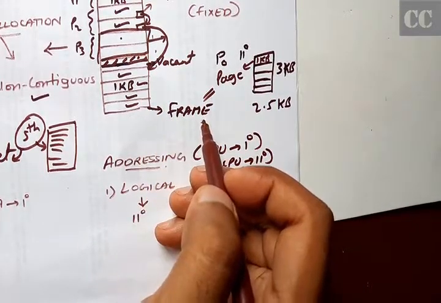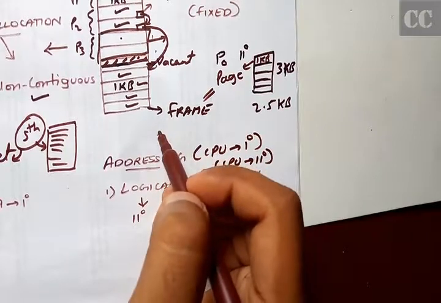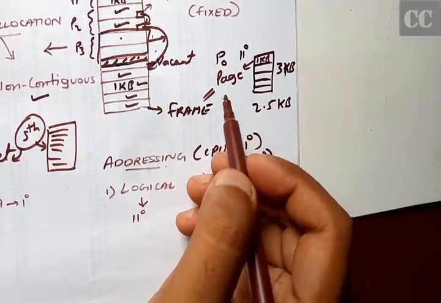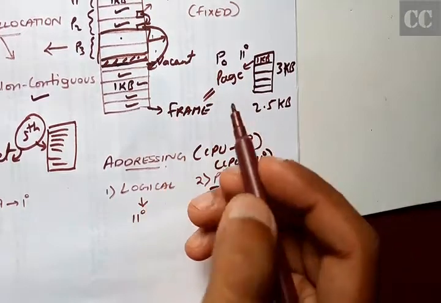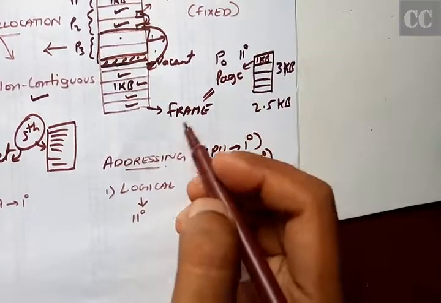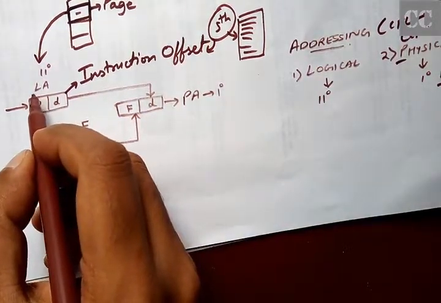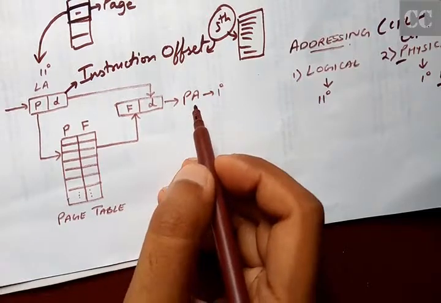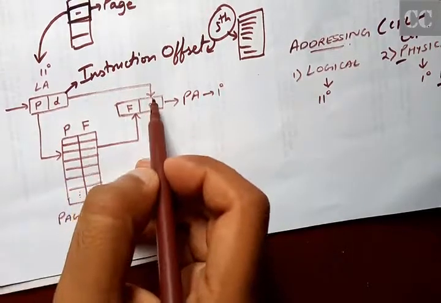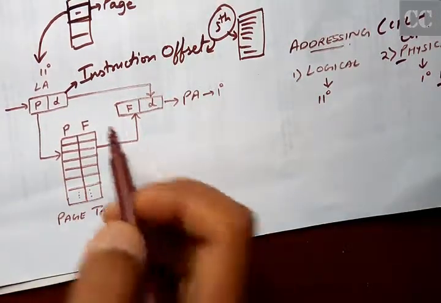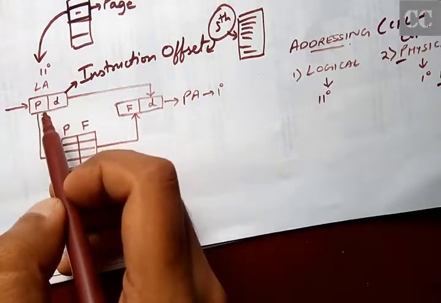Only the page address and frame address will change; otherwise the offset, the nth instruction, will remain the same. So to translate the address from logical address to physical address, the instruction offset is copied as such. The only thing we have to change is the page address into the frame address.